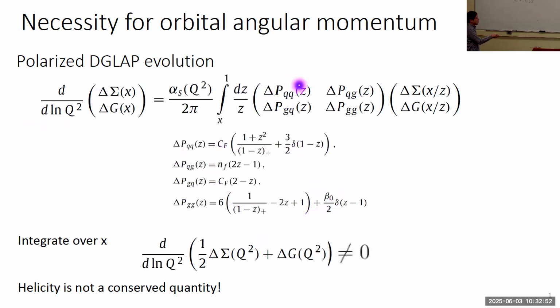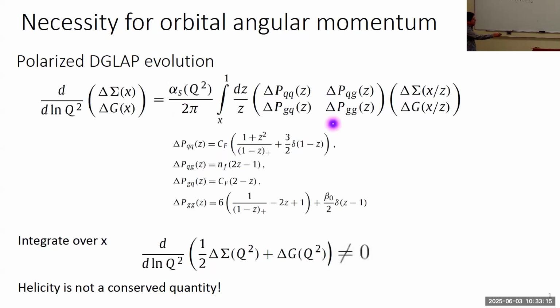So this quark component, this 1,1 component, is actually the same as the polarized splitting function, but the rest is different. But anyway, I think this was derived by Altarelli and Parisi.